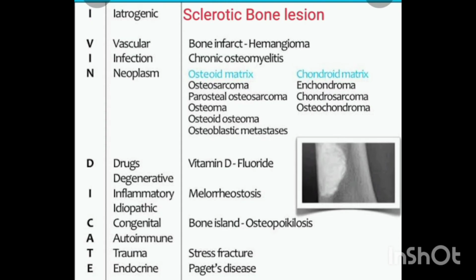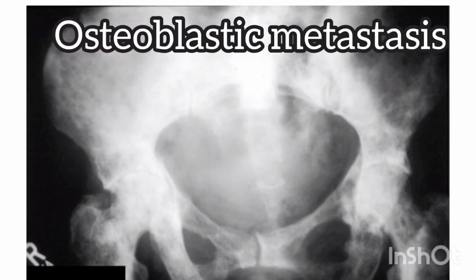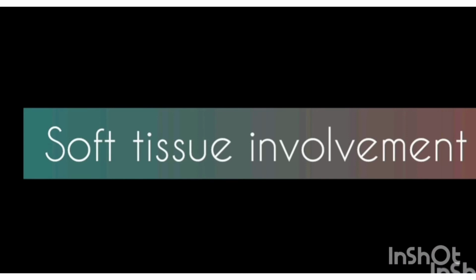Diffuse can be found in osteopetrosis, pycnodysostosis, fluorosis, renal osteodystrophy, and osteoblastic metastasis, which represents sclerotic foci of tumor originating from a distant primary neoplasm, which can be multiple or diffuse. And this is an example of diffuse osteoblastic metastasis.